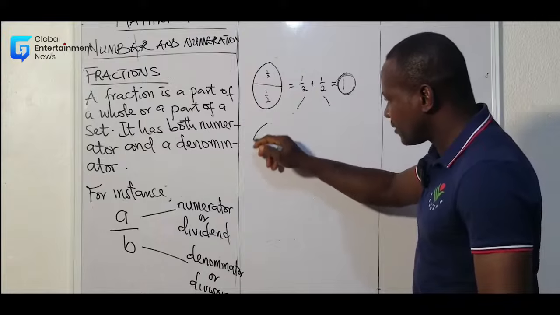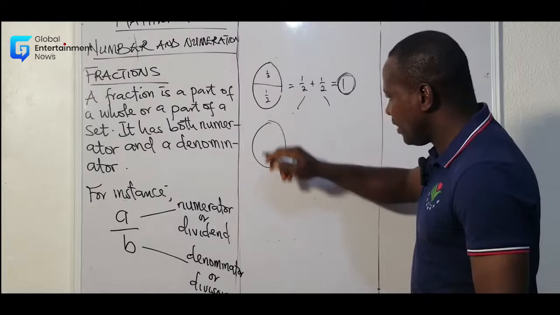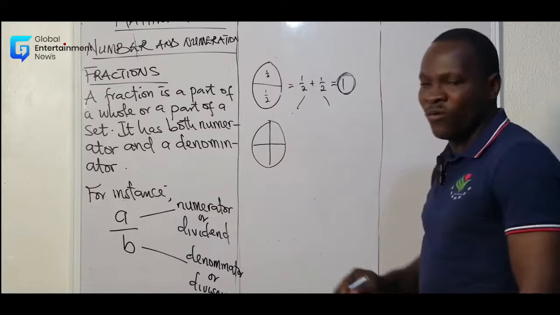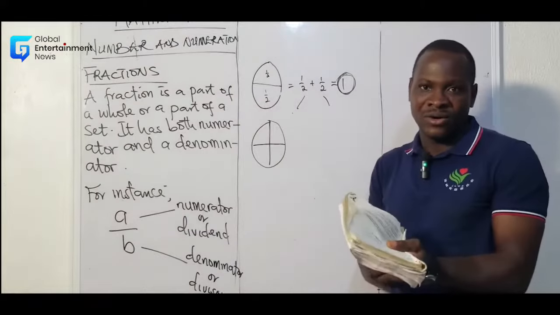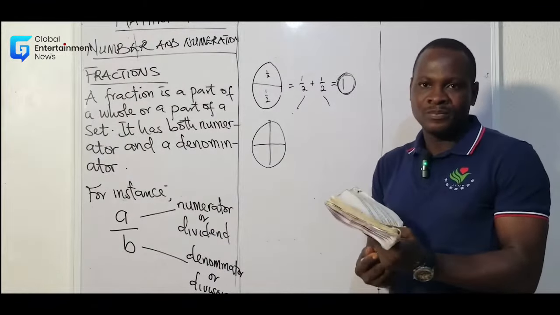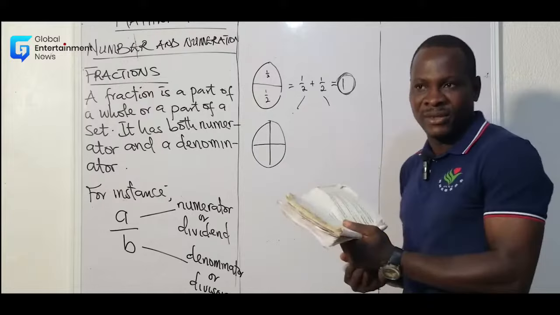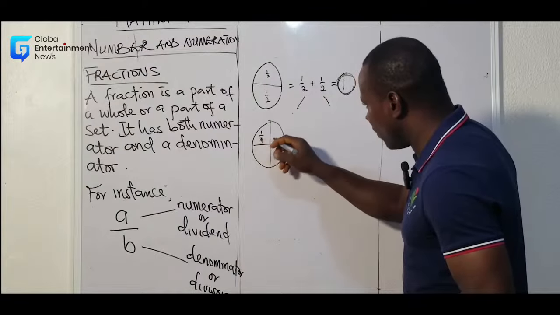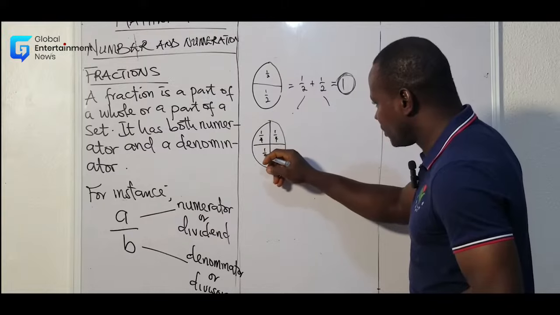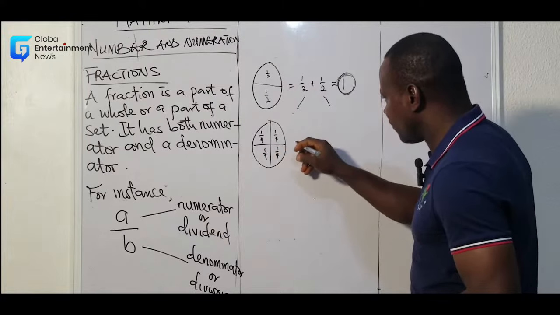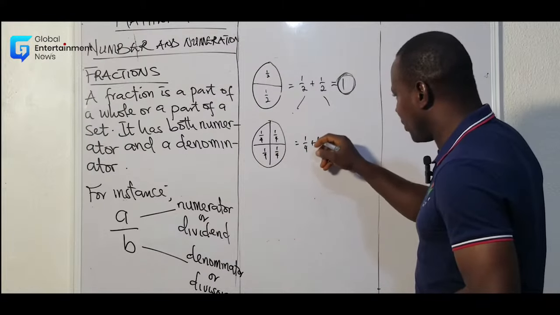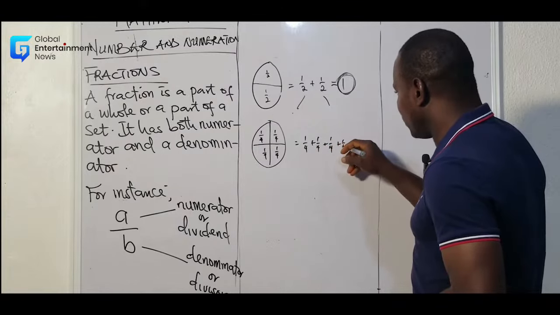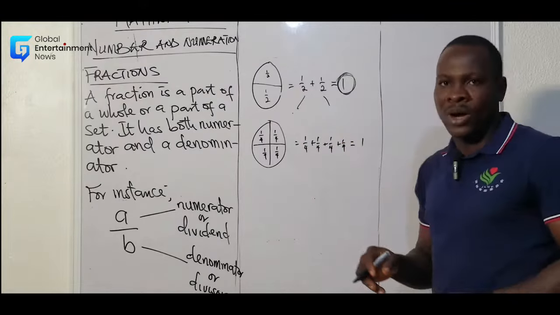Now, what about if we have an orange like this, and we divide the orange into 4, say between you and your siblings? That means we have 1 all over 4, 1 all over 4, 1 all over 4, 1 all over 4. 1 all over 4 plus 1 all over 4 plus 1 all over 4 plus 1 all over 4 is going to give me 1.